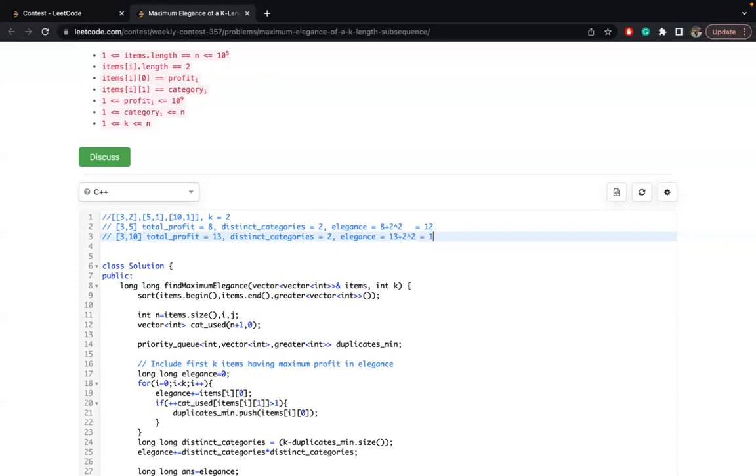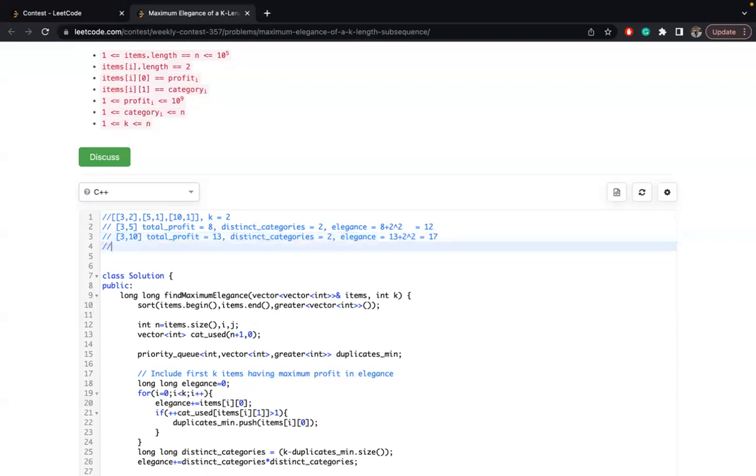That means 17. There is one subsequence still not explored, and that is 5 and 10. Let's find out the total profit: it's 15. And how many categories will be there? Just one, because 5 also belongs to 1, 10 also belongs to 1.